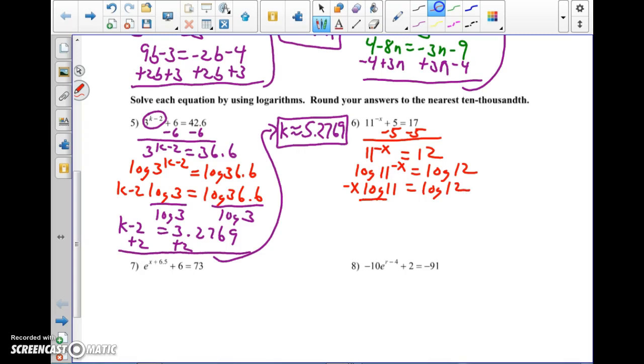Divide both sides by log 11. Go to your calculator and figure out what that equals. And finally, make x positive. Multiply both sides by a negative.